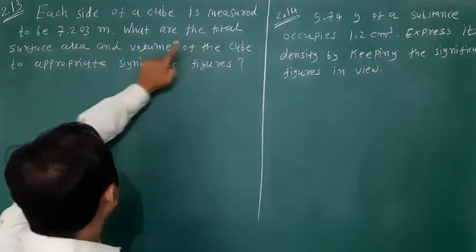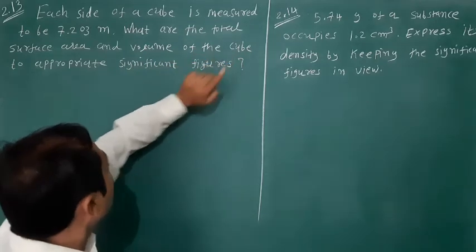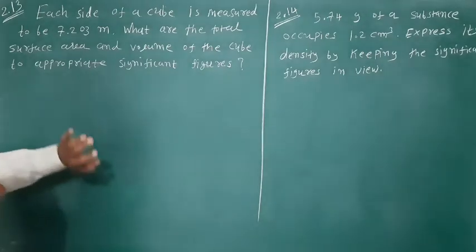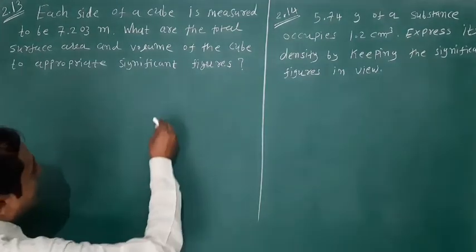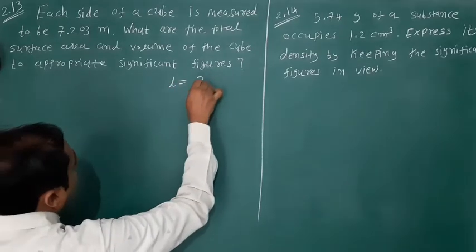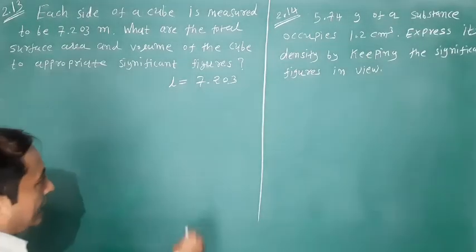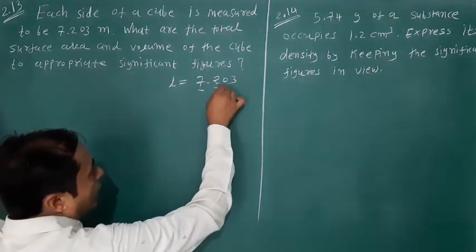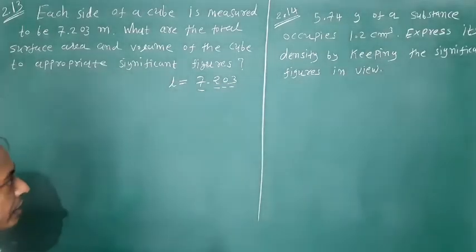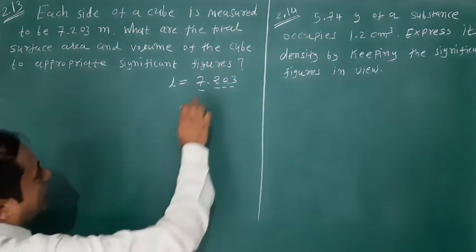What are the total surface area and volume of the cube to the appropriate significant figures? Okay. So friends, look here, length L is available, 7.203. And in this number we have 4 significant digits.